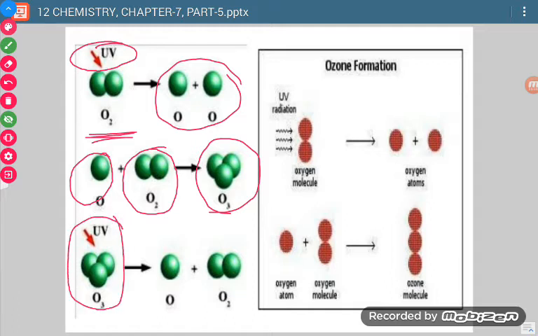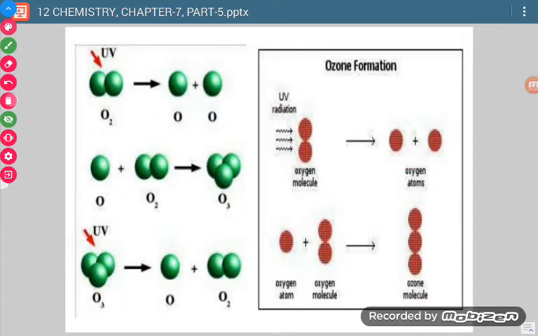Again it can be decomposed to nascent oxygen and dioxygen. That is why we say this is less stable as compared to O2. Here also it is shown: ultraviolet rays fall on the oxygen molecule, it atomizes, and that atomic form combines with the oxygen molecule to form an ozone molecule.